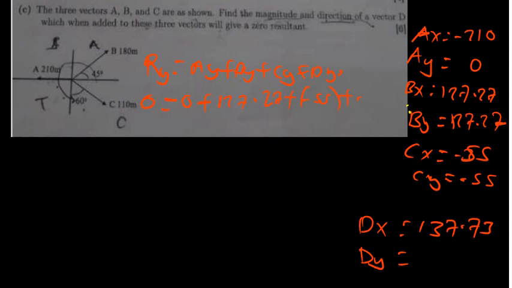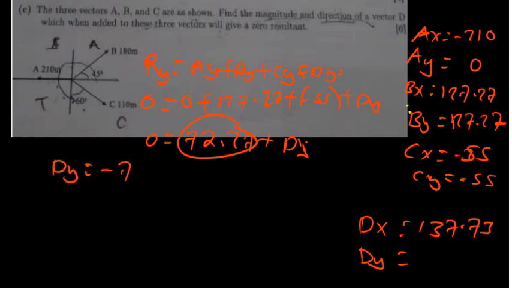Our goal is to find Dy. 0 has to be equal to, what will be the answer there? 127.27 minus 55. I'm getting 72.27. Confirm. Yes. Plus Dy. We shift this guy to the left hand side. We are going to have Dy is going to be equal to negative 72.27.